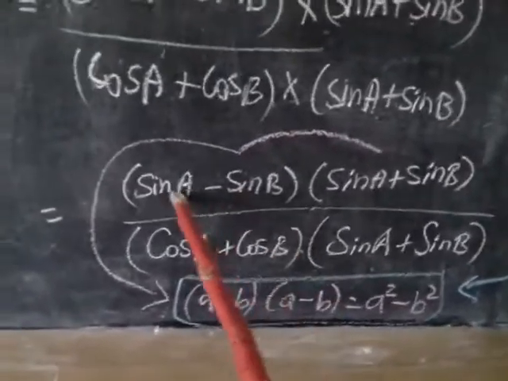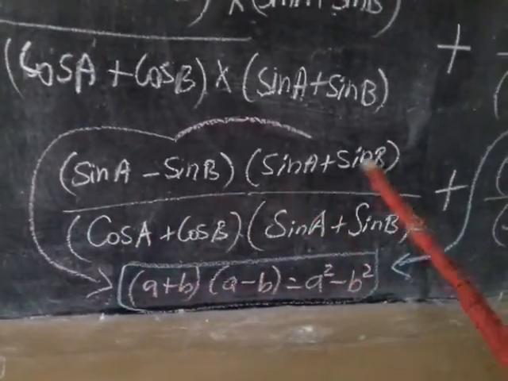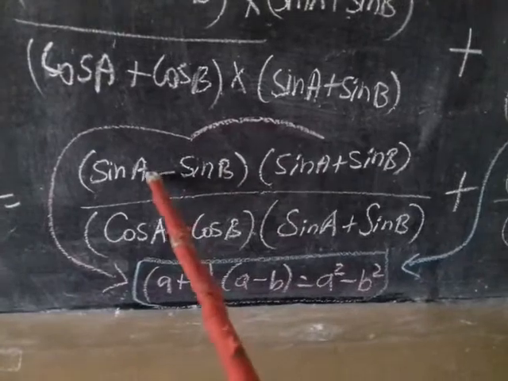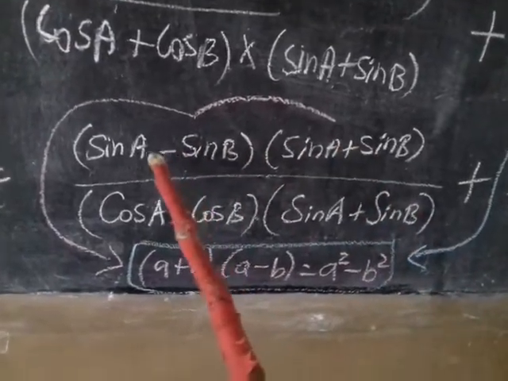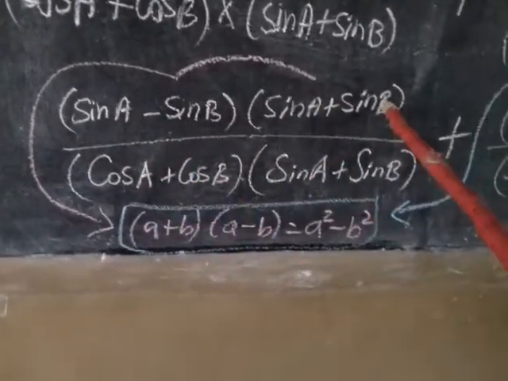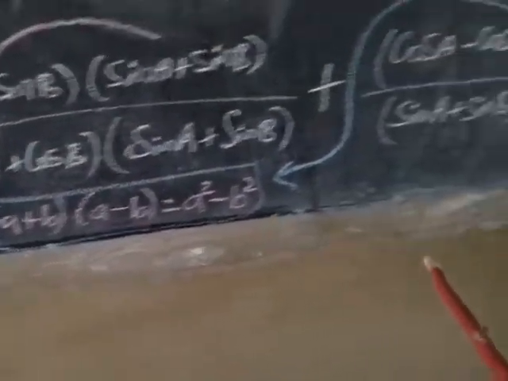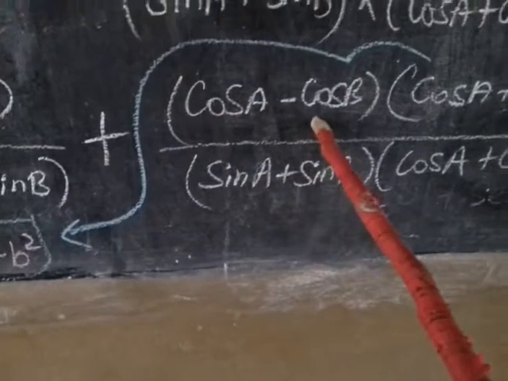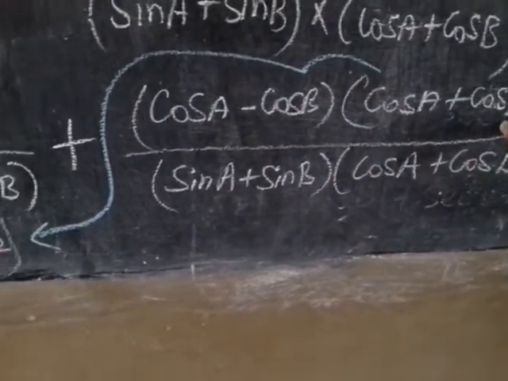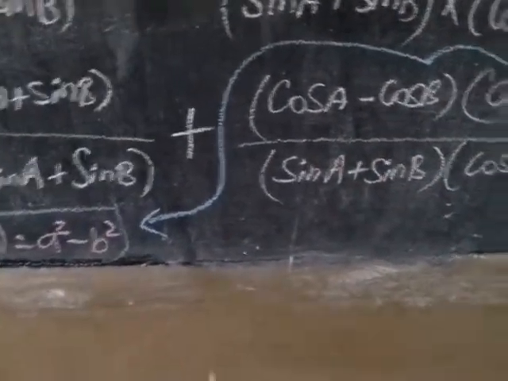You see that the numerators are in the form (A minus B)(A plus B), equivalent to A squared minus B squared. The second term is also (A minus B)(A plus B), so use A squared minus B squared.